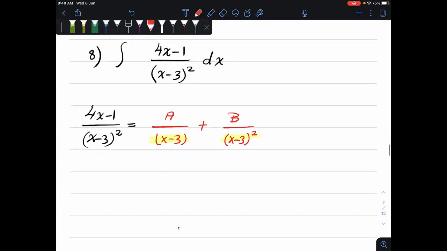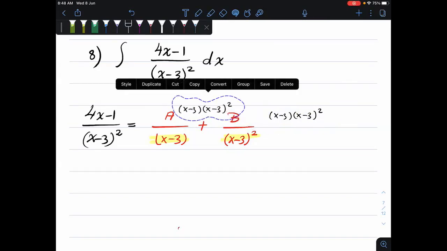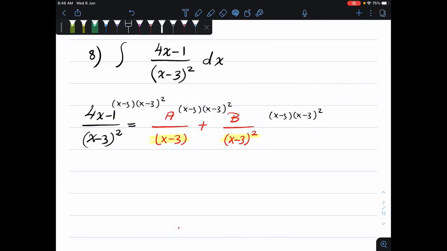To find A and B, we have to multiply by x minus 3 squared. Multiplying the whole equation by x minus 3 squared.